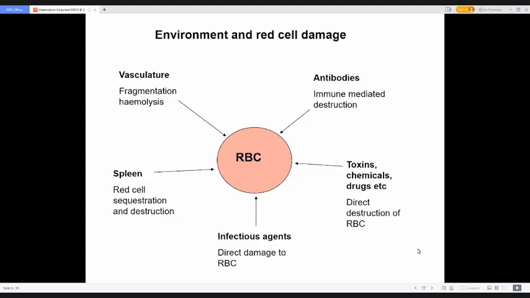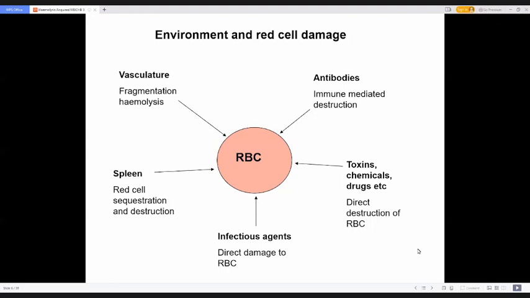All right, so this is just a diagrammatic summary of these environmental causes that may cause red cell damage or hemolysis, or whichever word you want to use. You can have, let's say, antibodies that have an immune mediated destruction of the red cell, and we're going to look at examples of that.